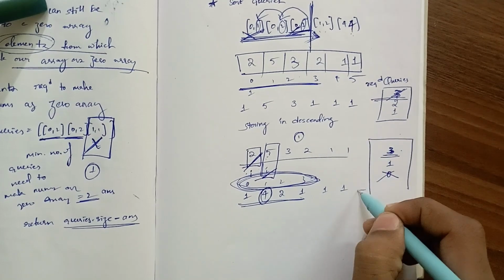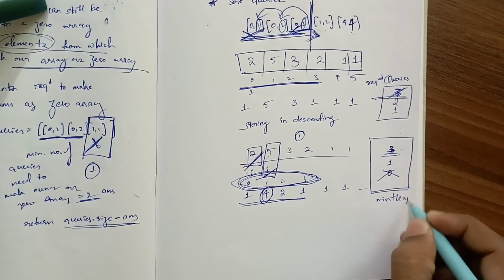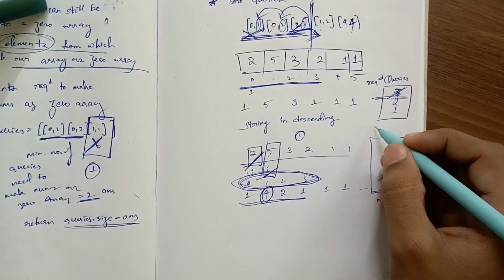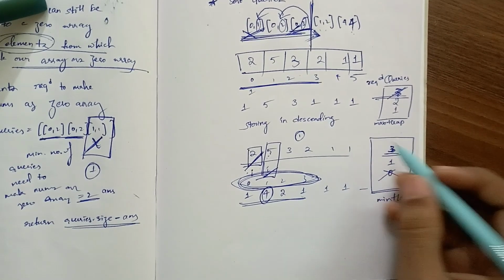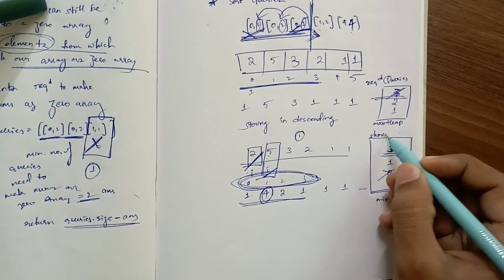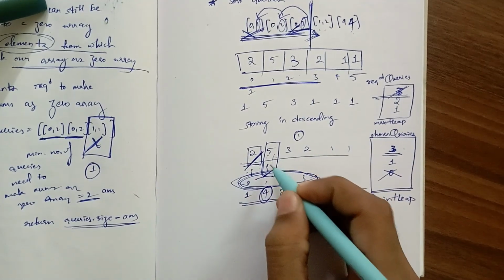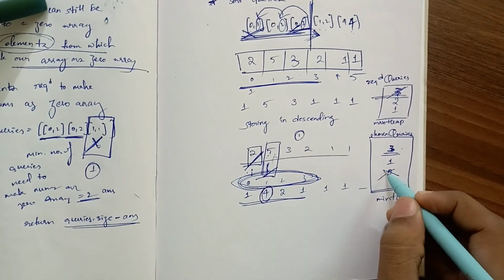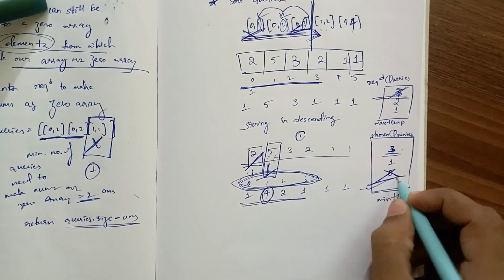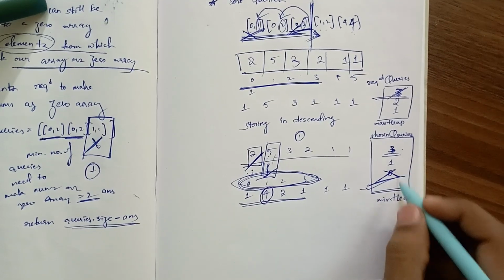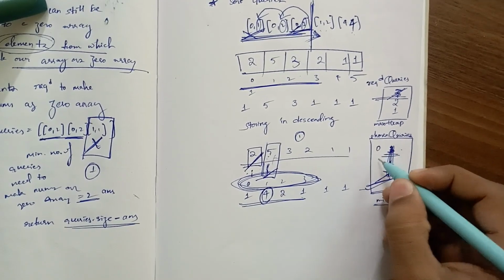So we will use another heap: a minimum heap, and to store from maximum to minimum in descending order, we will use a maximum heap. Here it will be the chosen queries. In chosen queries, we are at index 1, so there is no need to consider 0, as it is already considered. In the minimum heap you will store in ascending order 0 1 3.